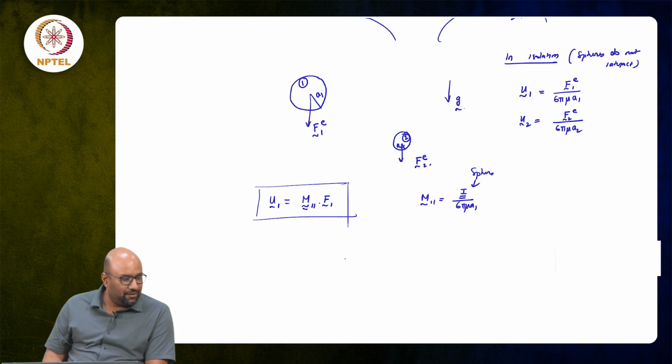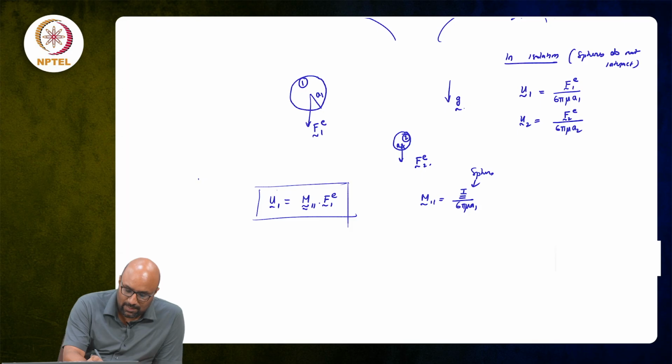That is just the definition of mobility, that the velocity of the particle is going to depend on the external force via the mobility tensor. If it is a spherical particle, the mobility tensor is isotropic. If it is not a spherical particle, the mobility tensor will take the corresponding form relevant to that particle's geometry.